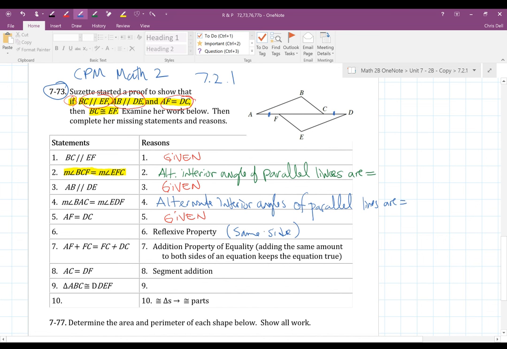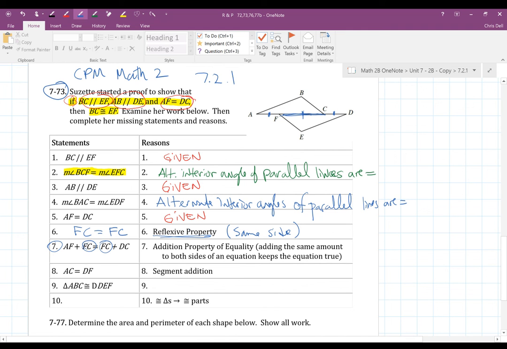That's what this idea of reflexive property is, same side. If I look forward at statement 7, it talks about AF plus FC equals FC plus DC, so they want to show that those FCs are equal to each other. So FC is equal to FC. FC is this piece and it's equal to itself. It's the reflexive property.